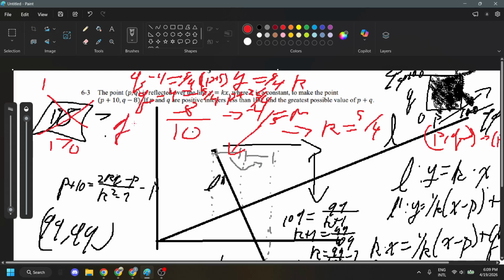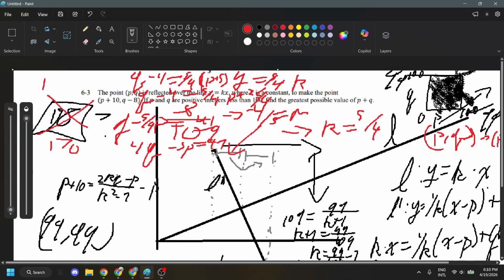So q minus 5/4 p has to be equal to 41 over 4. I can multiply by 4, so we get 4q minus 5p is equal to 41. Okay. What else does this tell us? So we just need to find the greatest possible value where this is true.